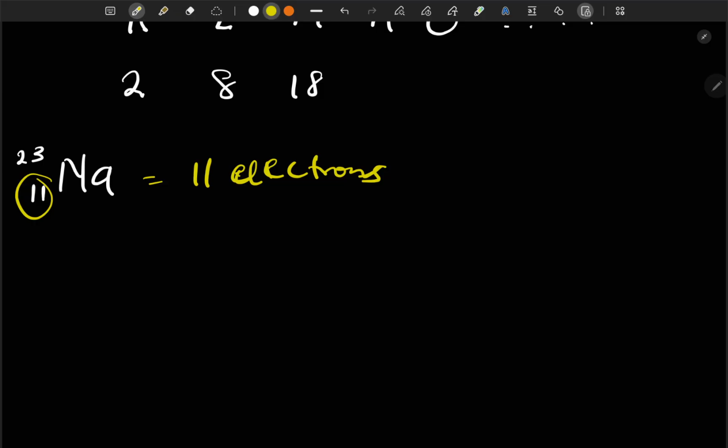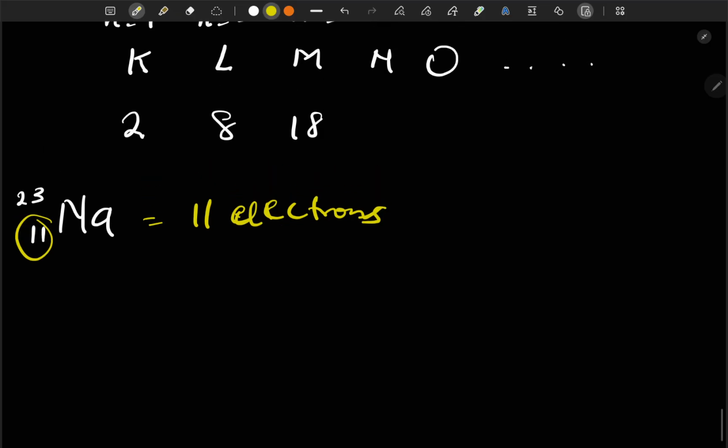So how do we write the electronic configuration? Out of these 11, how many can go into the K shell? Just 2, which is the first shell. So we have 2, comma. Out of 11, we put 2 in the first shell, then we are left with 9. Out of the remaining 9, the next shell, the L shell, can only occupy 8 electrons.